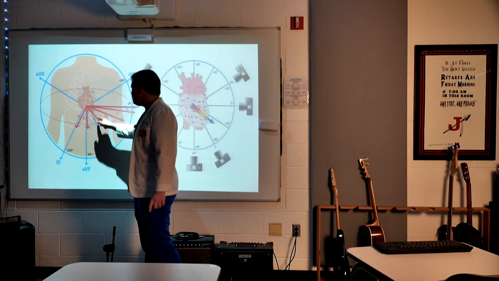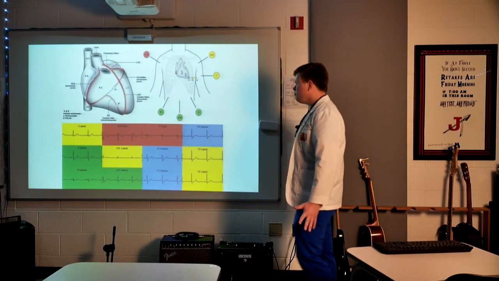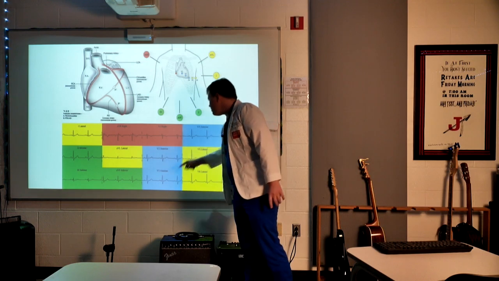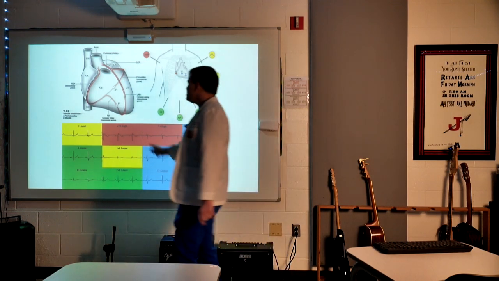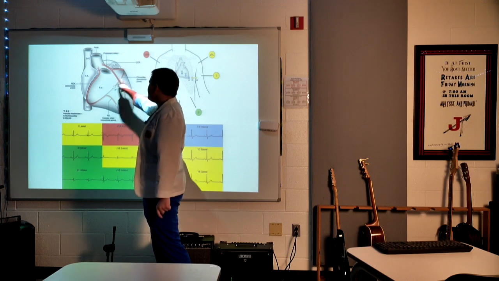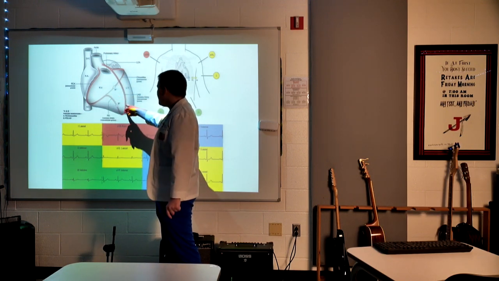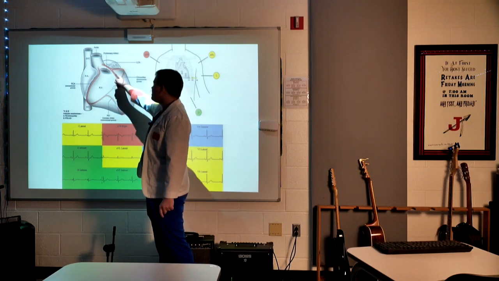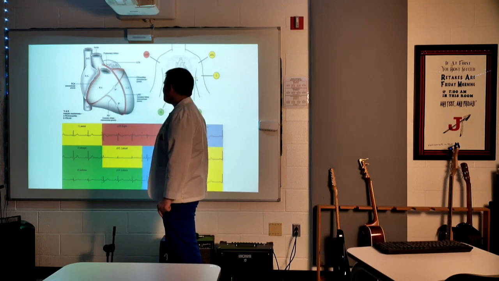So leads V2, 3, and 4, those stickers placed right there, that's about the front plane of the heart, or anterior. The front of the heart would be anterior. So that would be specific information in this region right here. The vessel corresponding to the front of the heart is the LAD, like we talked about earlier, the left anterior descending coming off the left coronary artery.